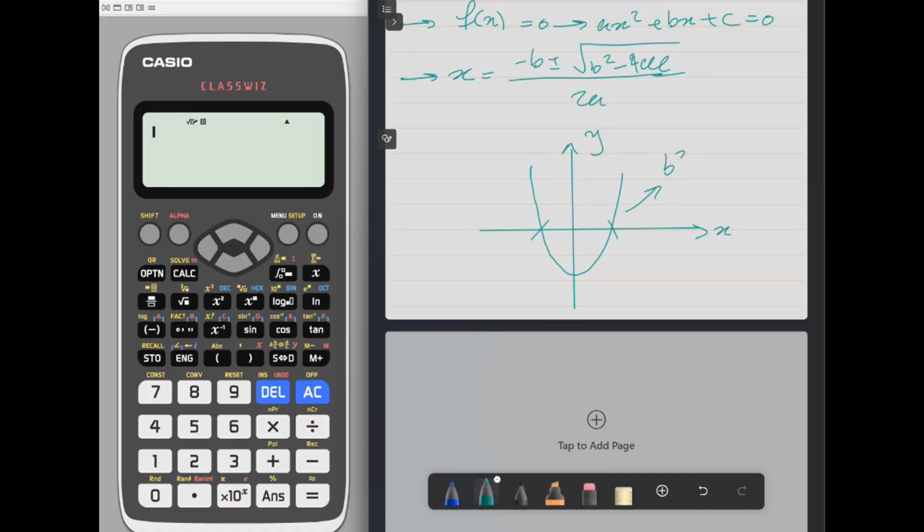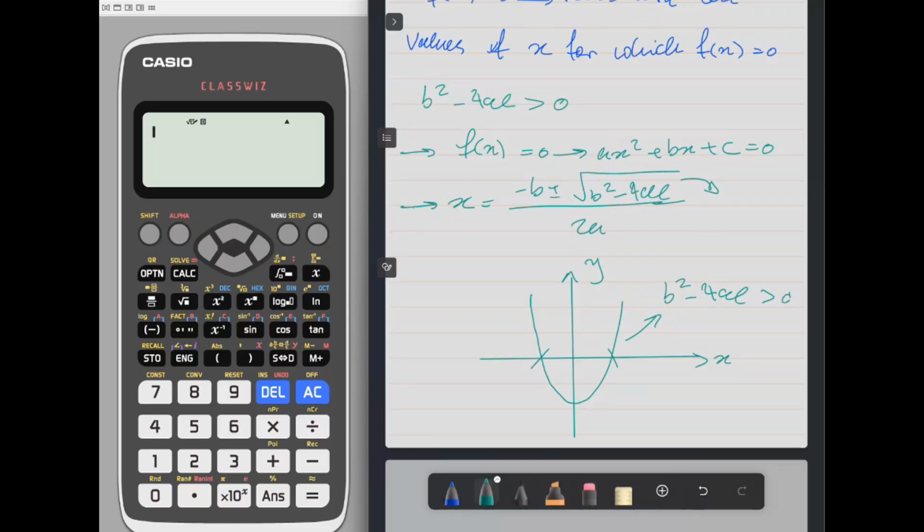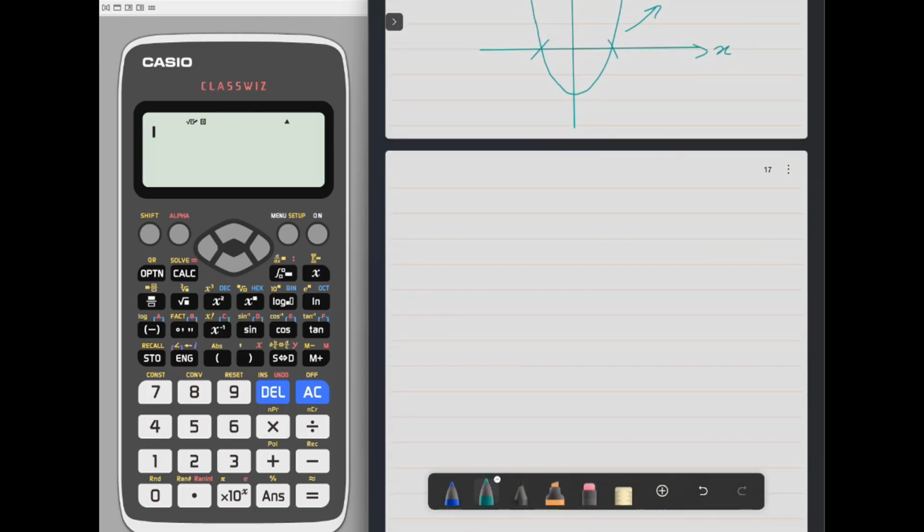Because b squared minus 4ac is greater than 0, and the square root of this can have two distinct values, right? One is going to be positive and one is going to be negative, which when you put it in the formula, you're gonna get two distinct values of x, right? So we go to the next possibility. b squared minus 4ac equal to 0.